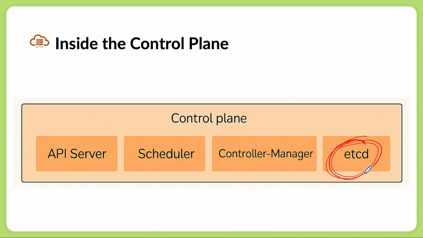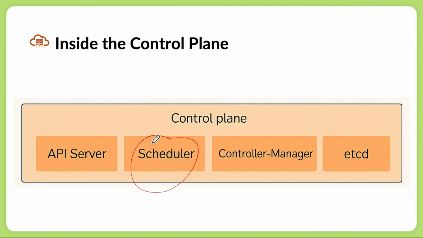So etcd stores the entire cluster state. This is a highly available key-value store where Kubernetes stores all the information. In other words, we can also say this is the long-term memory of Kubernetes.